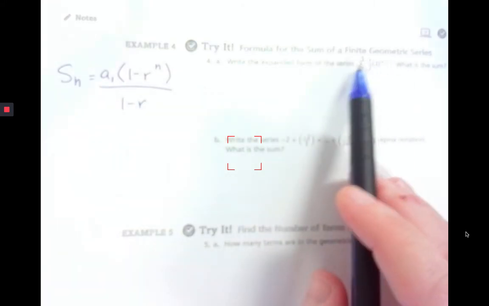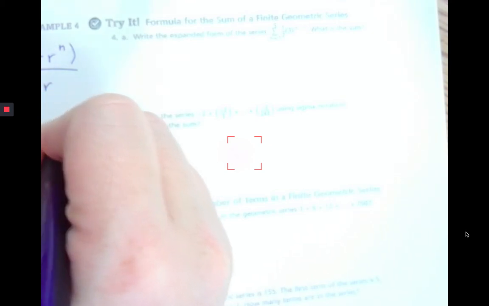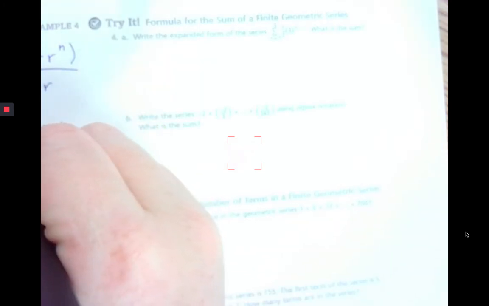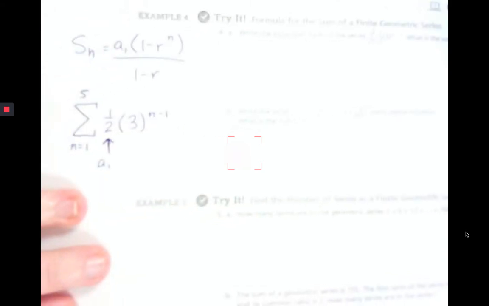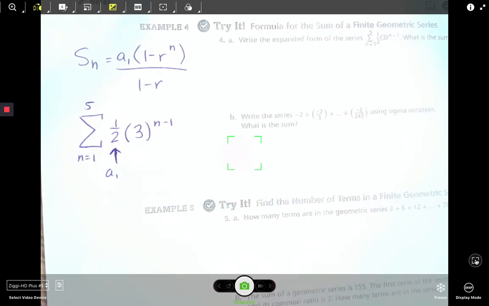Well, that doesn't tell me a whole lot if I don't know what's going on in this, does it? I'm just going to copy it over so that we can label it. I've got 5, I've got n equals 1, I've got 1/2, 3 to the n minus 1. This right here is a sub 1.